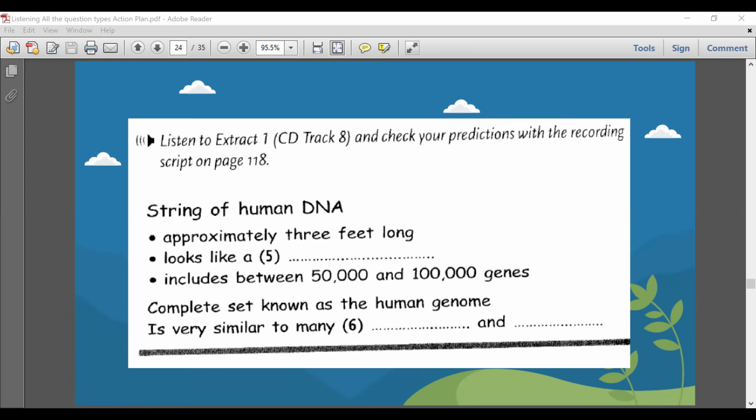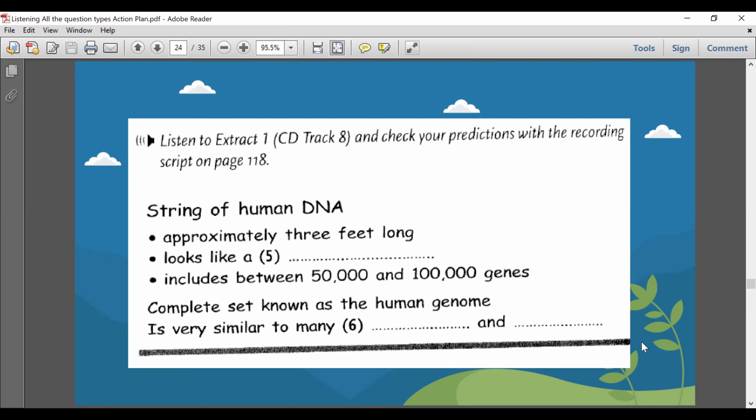Listening Section 4. Extract 1. Questions 5 and 6. Did you know that within the nucleus of each of your cells is a set of instructions for building you from scratch? Amazingly, if you could stretch it out, this string of acid, or DNA as it is known, would be about 3 feet long. But in fact, it's tangled up like a ball of string.